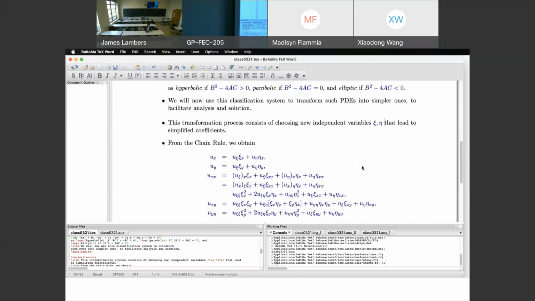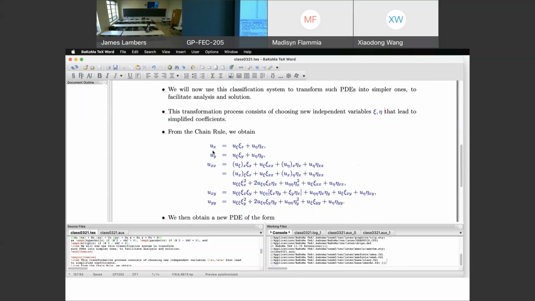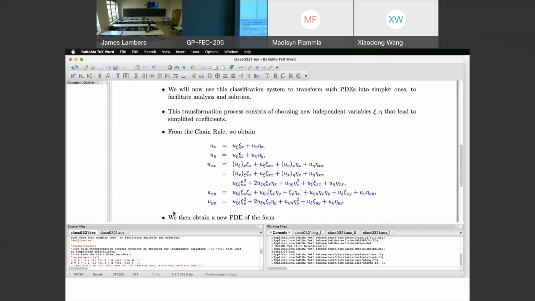Through heavy use of the chain rule, I can describe du/dx as du/d xi times d xi/dx plus du/d eta times d eta/dx. Actually, I'm going to write this out a little differently so that you can more easily see where this comes from.